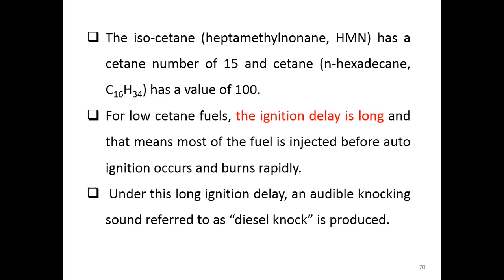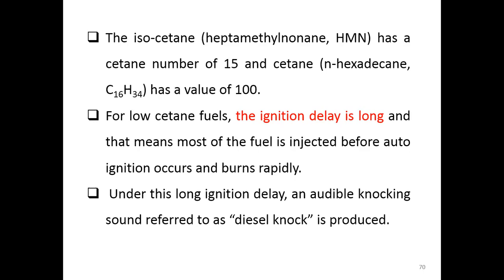Compared with the SI engine, we have isooctane and another one; they also have two references. For a low cetane fuel, where the cetane number is low, the ignition delay is long.